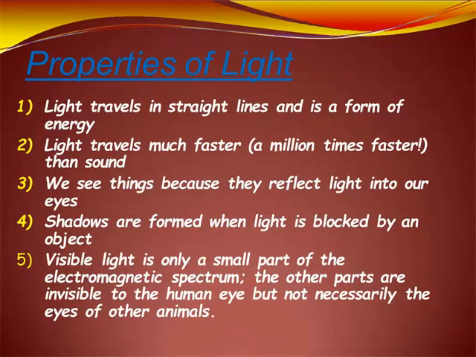So light travels in a straight line and is a form of energy. That means light travels in a straight line. It is not that it comes to you by moving along a curved path. It travels in a straight line and it is a form of energy. Why is it called a form of energy?